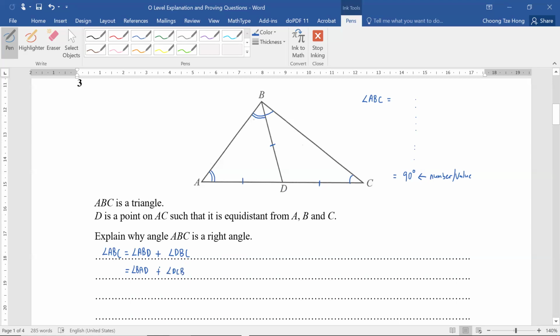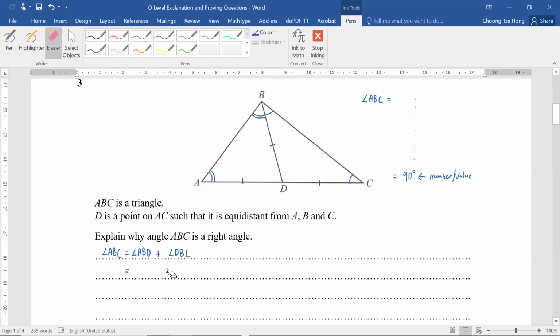My objective is to involve some numbers in the question. If I just replace them with these two other angles because of the property of isosceles triangles, then I wouldn't involve any numbers yet. So how can I involve numbers into the question?